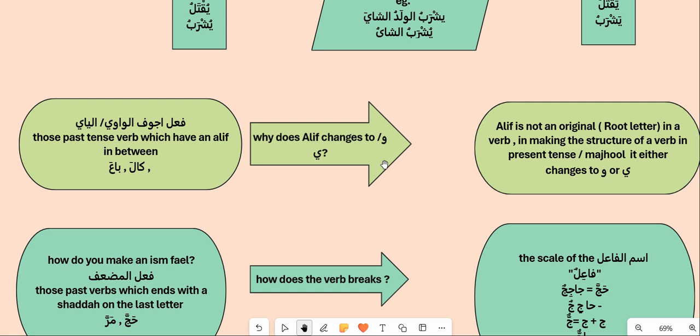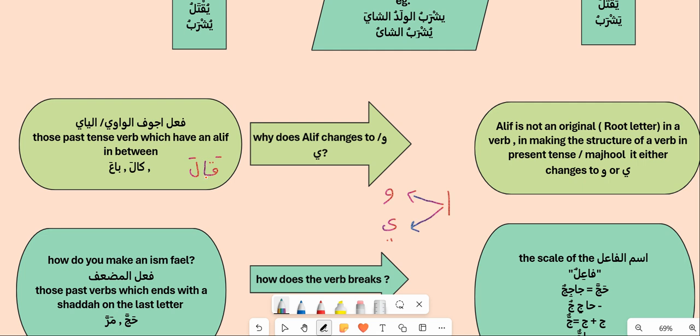What is the original root letter? It is either waw or ya. So for example, qala means he said. In this verb you have an alif in between.